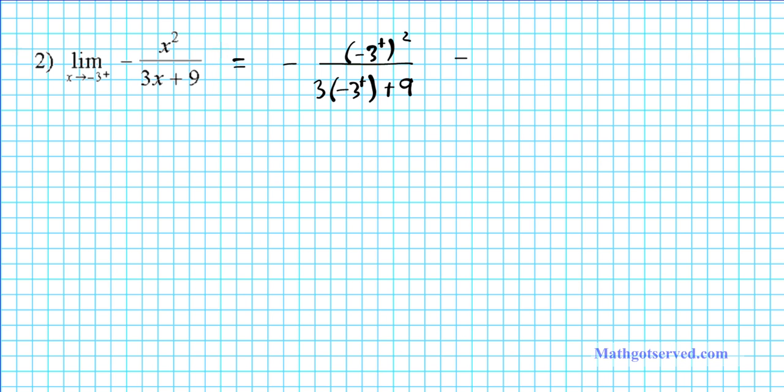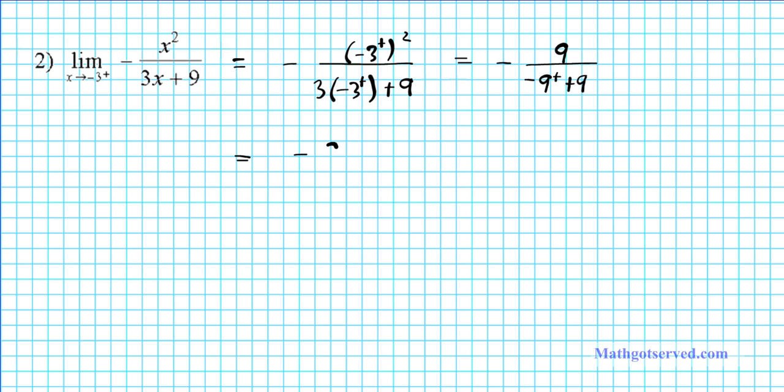Now let's go ahead and simplify this. We'll have negative 3 from the right squared. That's simply going to be 9. And then in the denominator, if you multiply this, we'll have negative 9 from the right plus 9. Let's simplify further.